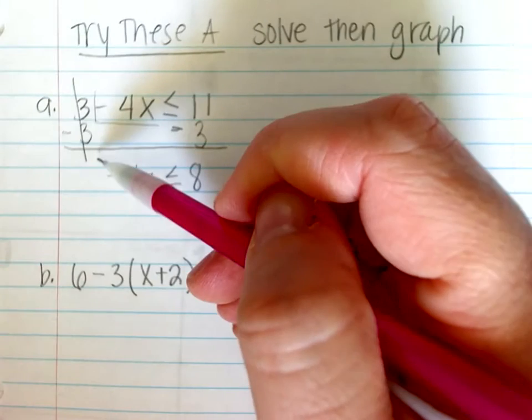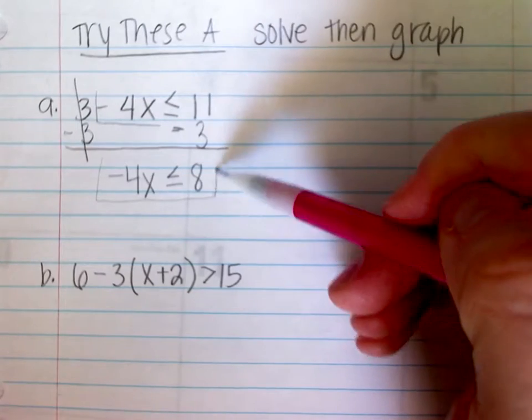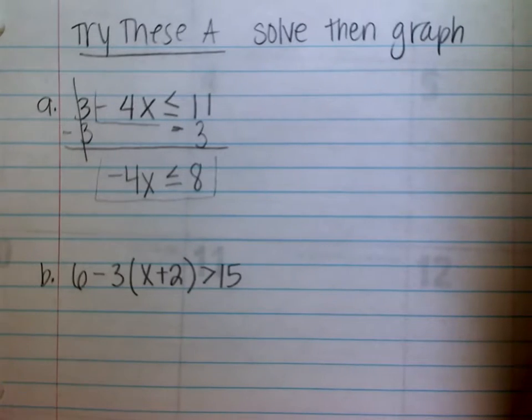What numbers are in this second part of the inequality? 4 and 8. No, I don't see a 4. 8's not being multiplied by x.